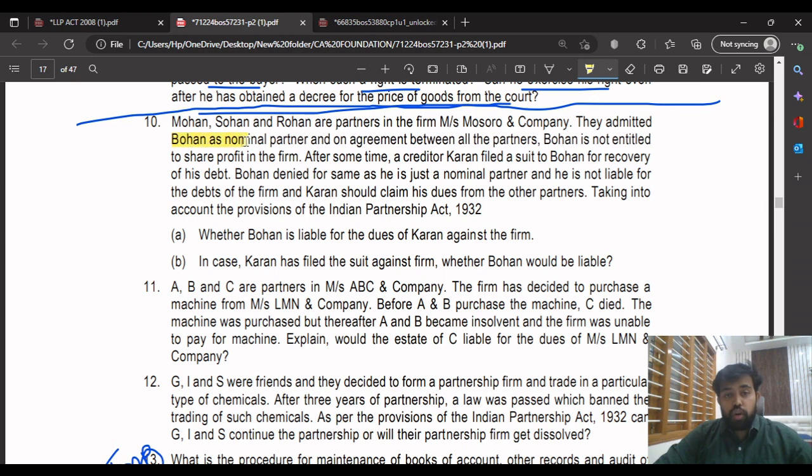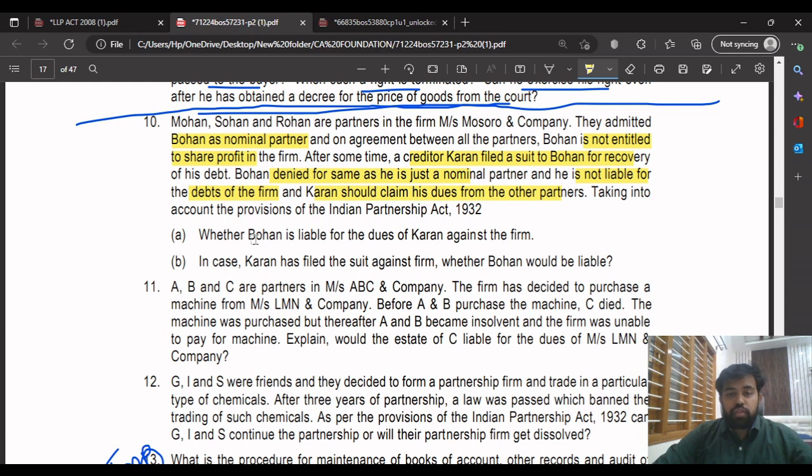In this question, Bohan is a nominal partner. This is an important part. One more thing, he is not entitled to share the profits of the firm. And next, creditor Current filed a suit against Bohan for recovery of the debt. And then Bohan denied it as he is just a nominal partner and is not liable for the debts. And Current should claim his dues from the other partners. That's what Bohan said.